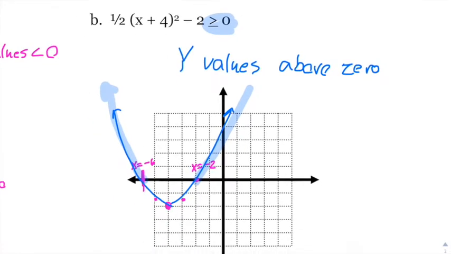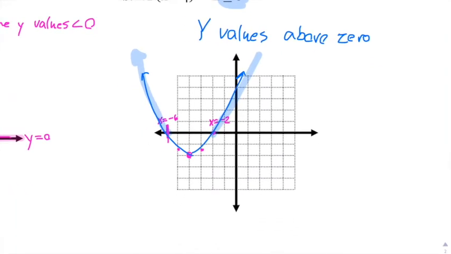So there's two different pieces of the graph right here. So we write that as an interval here. We'll say from -infinity all the way up to the x value of -6 with a bracket. And then it picks back up at -2. So you start back at -2 and then you go to +infinity. And that is how you do those types of problems.